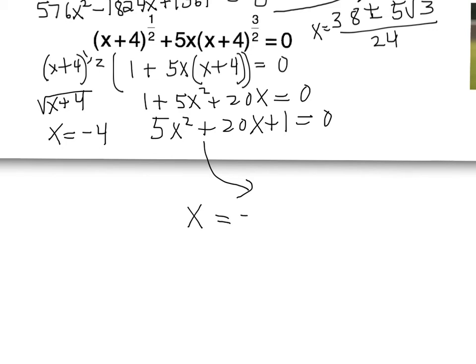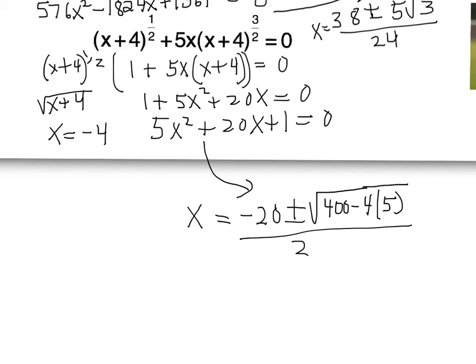So the opposite of b is negative 20 plus or minus the square root of b squared, which is 400, minus 4 times a times c, which would be 5, all over 2a, which is going to be 10. Oops, this would be 2 times 5, which is 10.